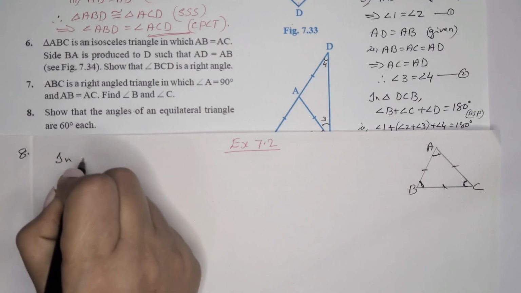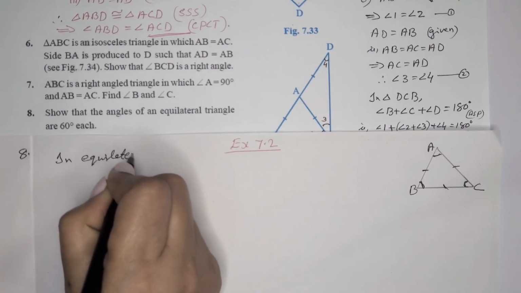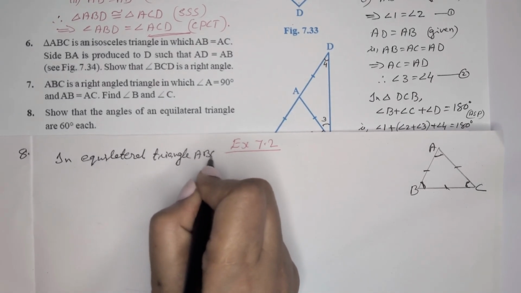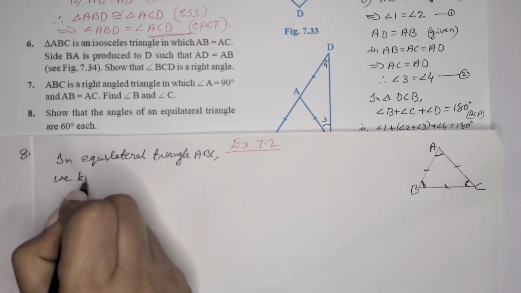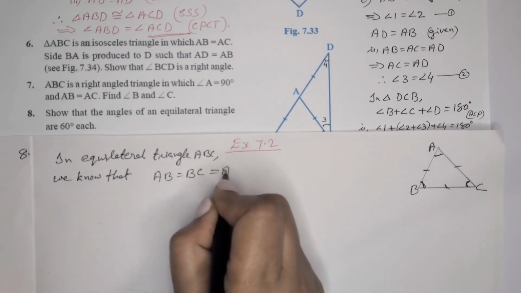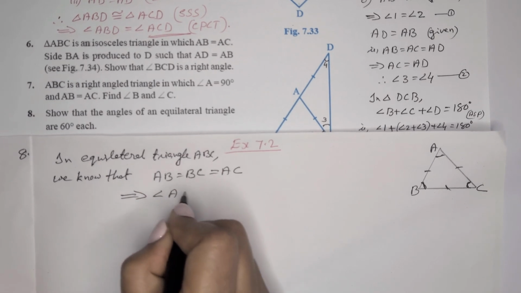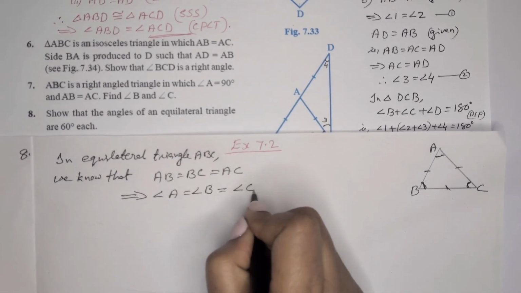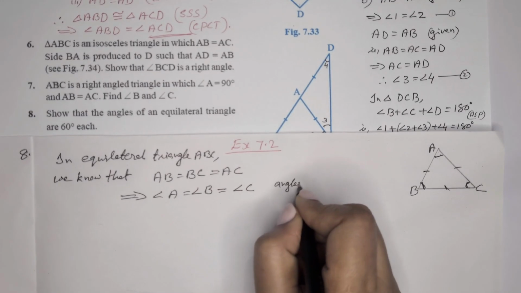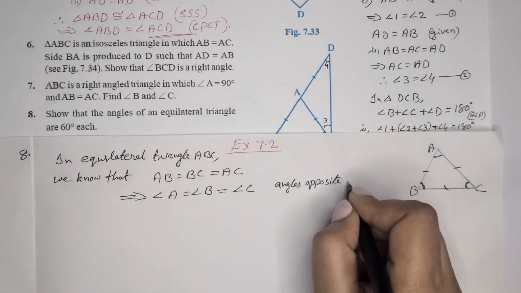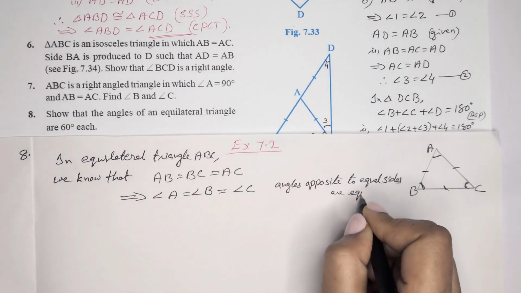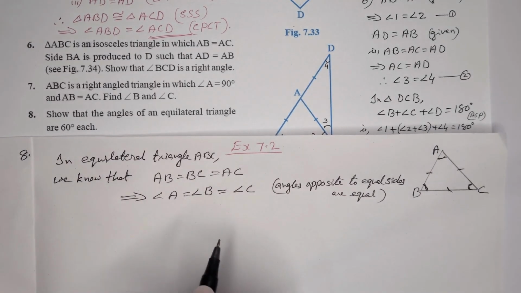So in equilateral triangle ABC, we know that AB is equal to BC is equal to AC, which implies angle A is equal to angle B is equal to angle C. Angles opposite to equal sides are equal. Therefore, all angles are equal.